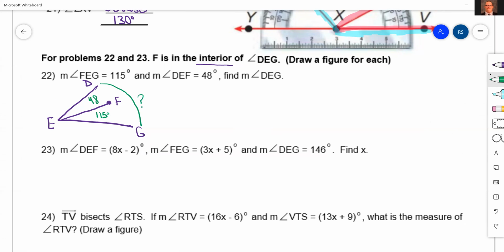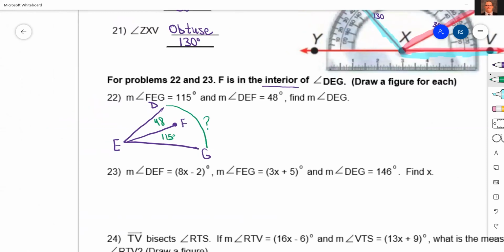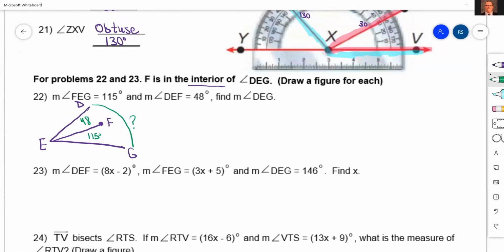Well, what do I know in this case? Part plus part equals whole. I'm going to write that again over here. Part plus part equals whole. That still is true. Okay, so we have our two parts. 48 plus 115, and we're trying to find the whole.